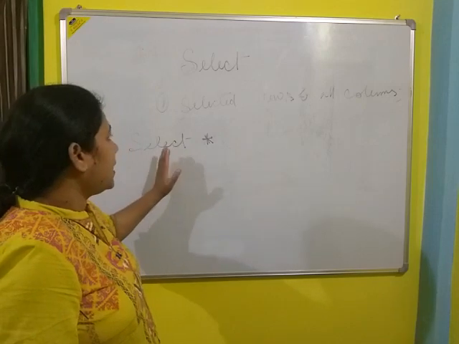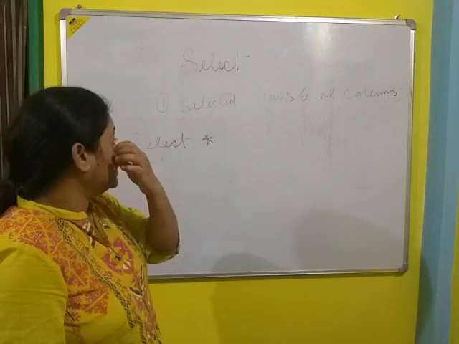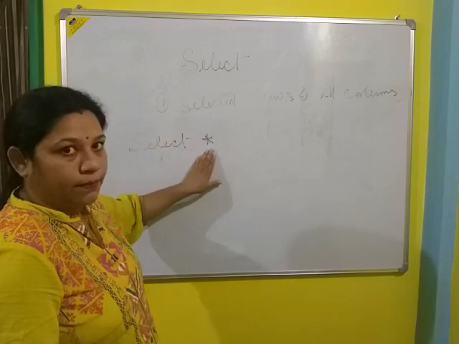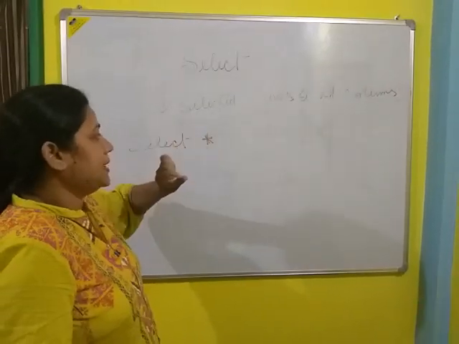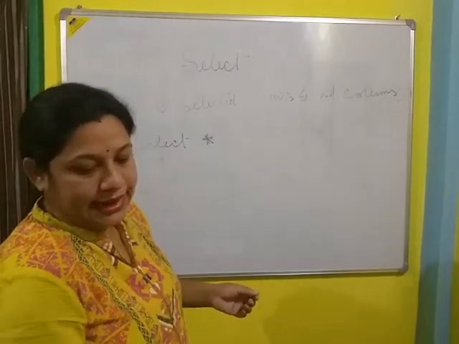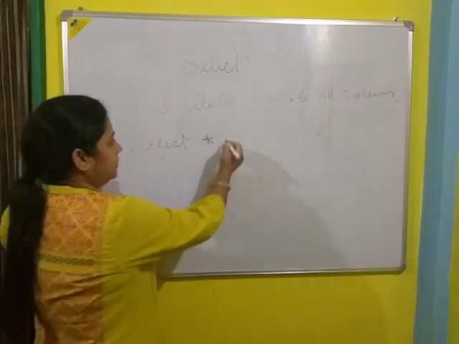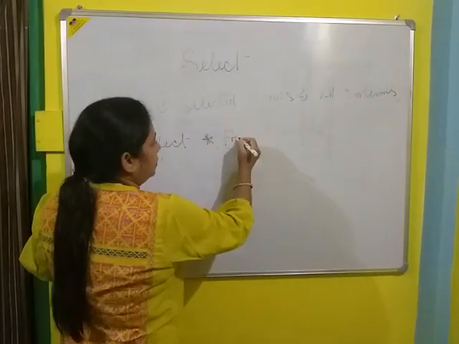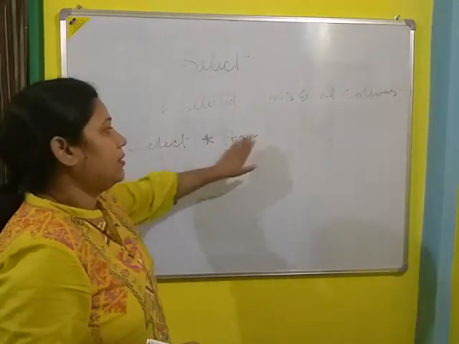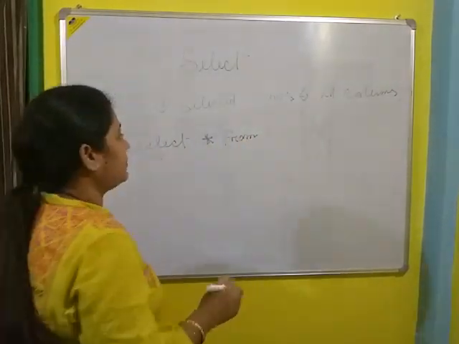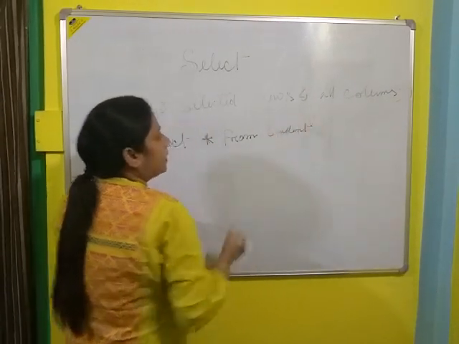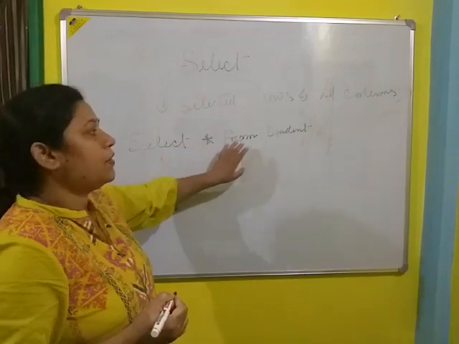So instead of writing select all columns, I am writing select all. This special symbol stands for all. Select all, after that write from. Select all from, give the table name, and the table name is student. Okay, select all from student.